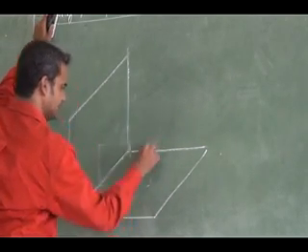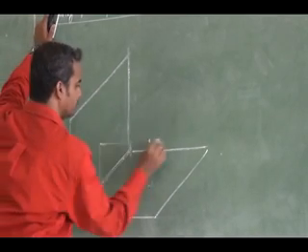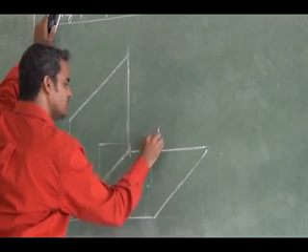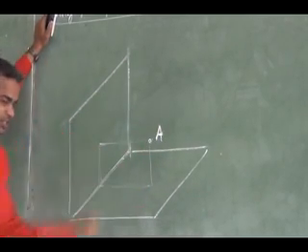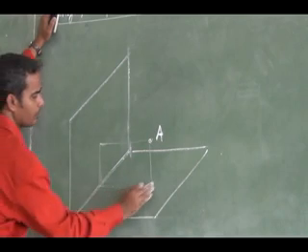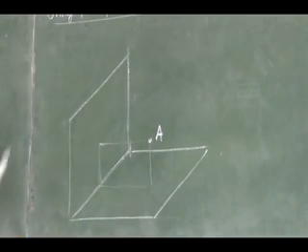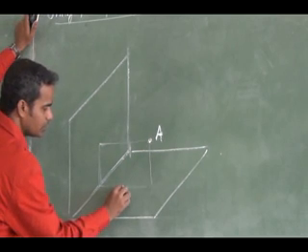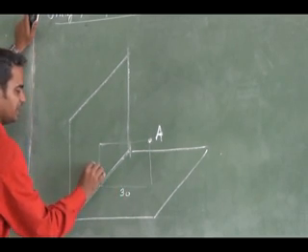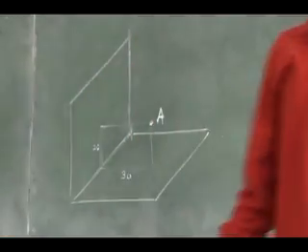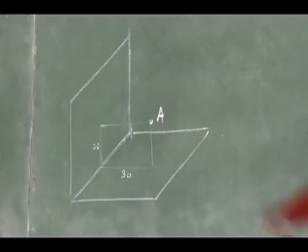So it is like this. The point A I am having. This is my point A. It is placed like this, straight. So the distance you can see, this is 30 mm. It is in front of VP and it is 20 mm above. So the point is 20 mm above HP and 30 mm in front of VP.